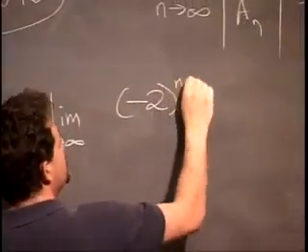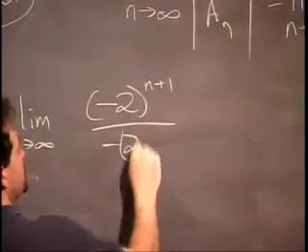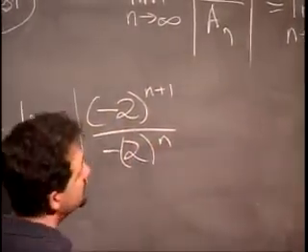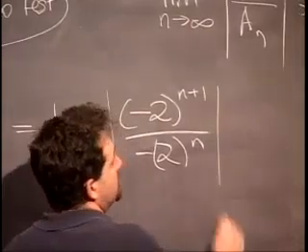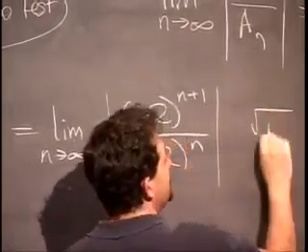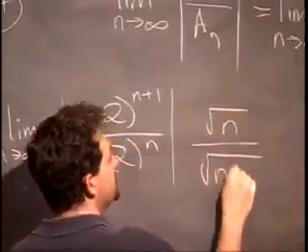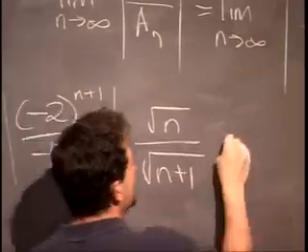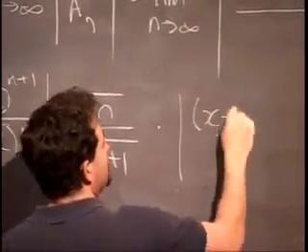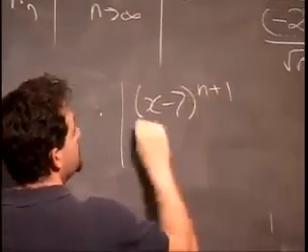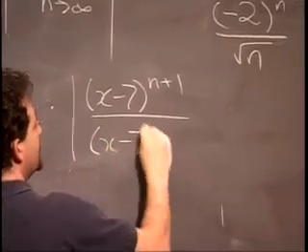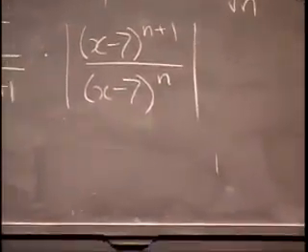group. You get minus 2 to the n plus 1 over minus 2 to the n. You get root n over root n plus 1, which does not need absolute values. And you get x minus 7 to the n plus 1 over x minus 7 to the n. There's a bit of cancellation we can do.